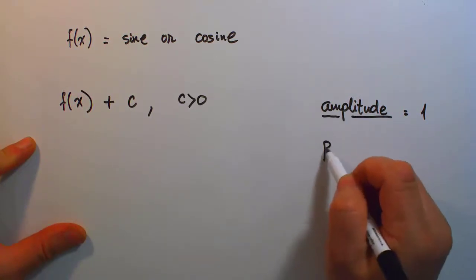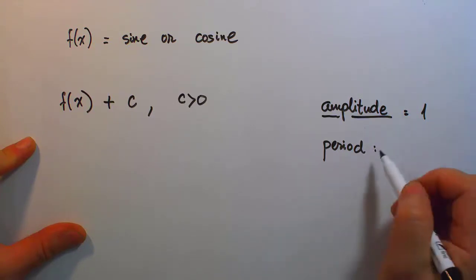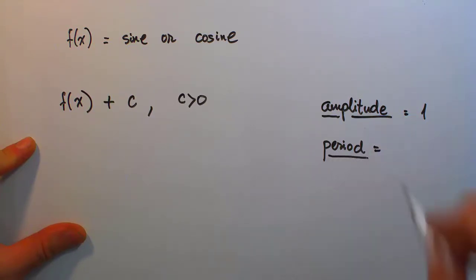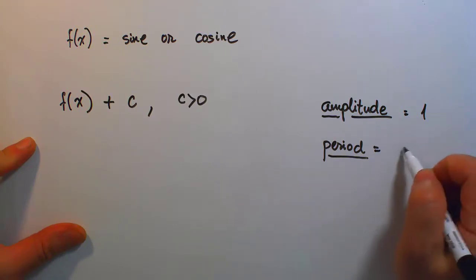The period also remains the same as the original standard sine or cosine function, being 2 pi.